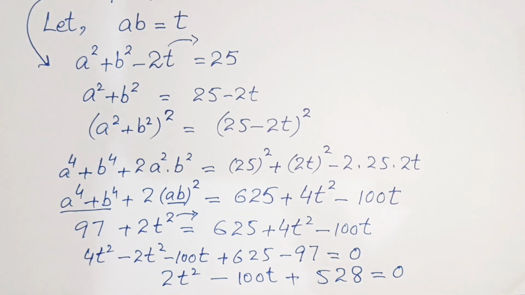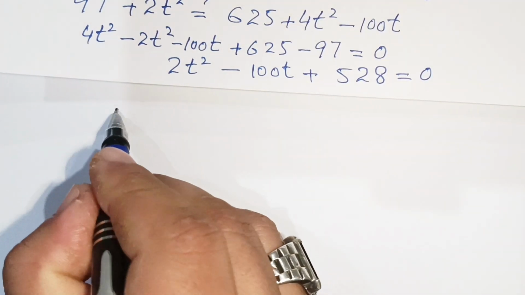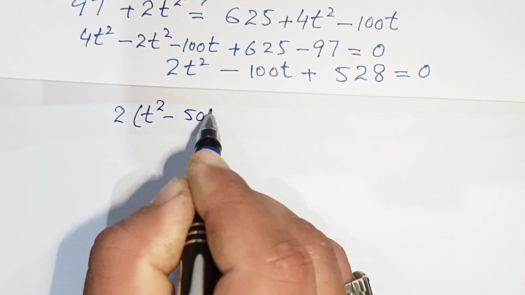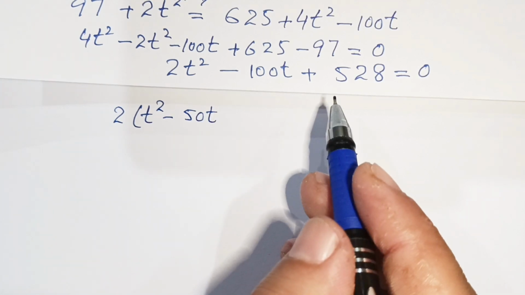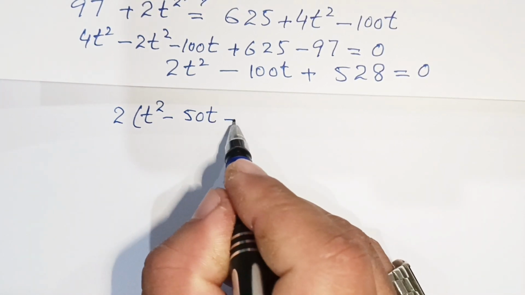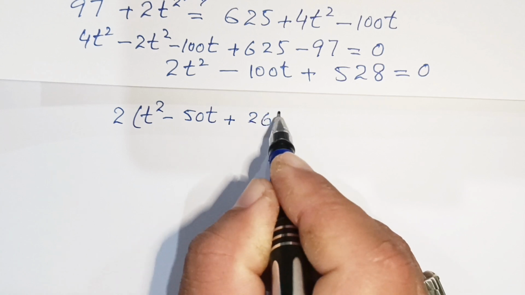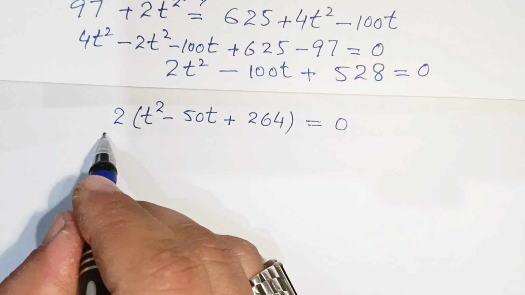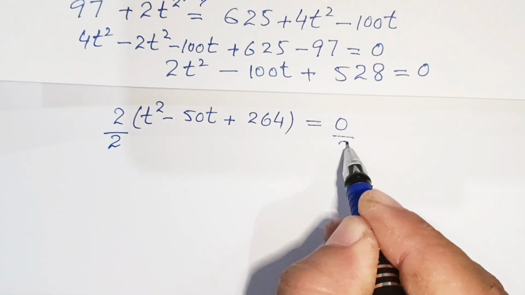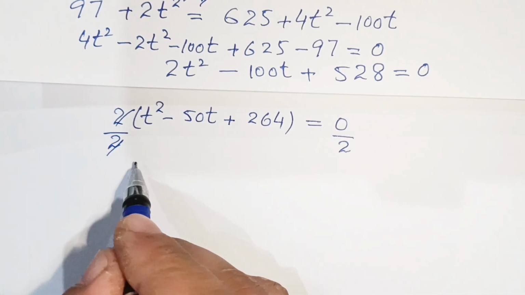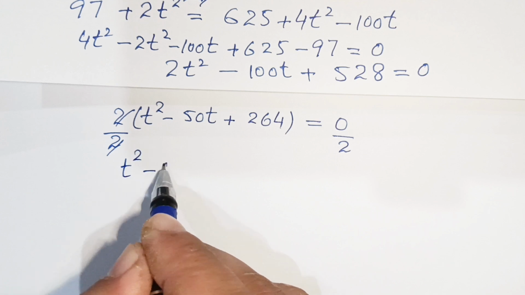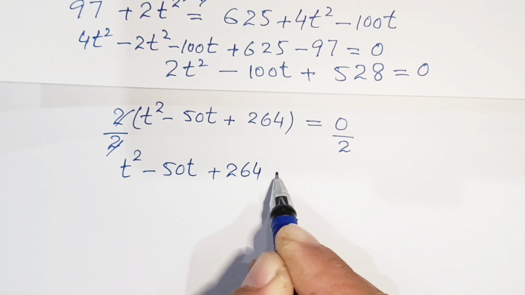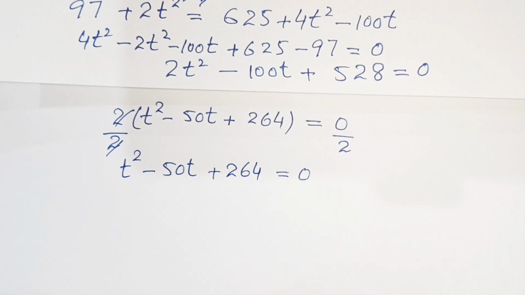So our next step will be, if we take 2 common, then we get t squared minus 50t plus 264, which is equal to 0. If we divide both sides by 2, then 2 can be cancelled, so we get t squared minus 50t plus 264 is equal to 0.